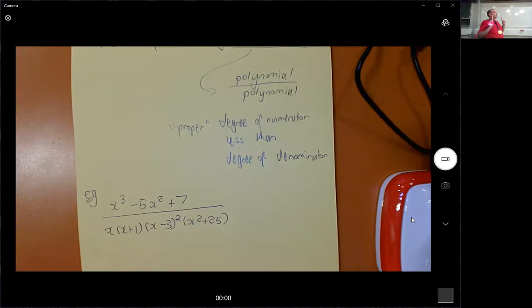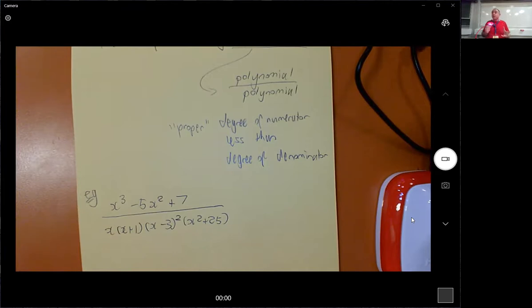Okay, so I'm just going to read it out. I have a fraction, and on the top is x cubed minus 5x squared plus 7, and on the bottom is x times (x plus 1), times (x minus 3) squared, times (x squared plus 25). The idea of partial fractions works when your denominator has been factorized first.